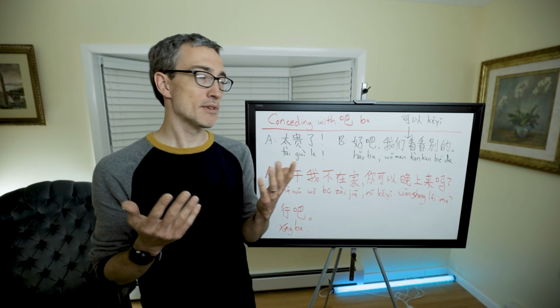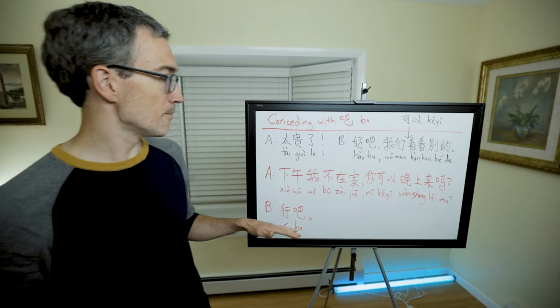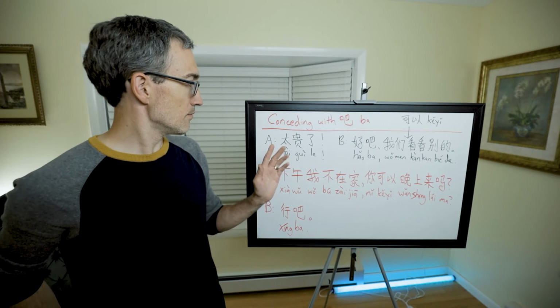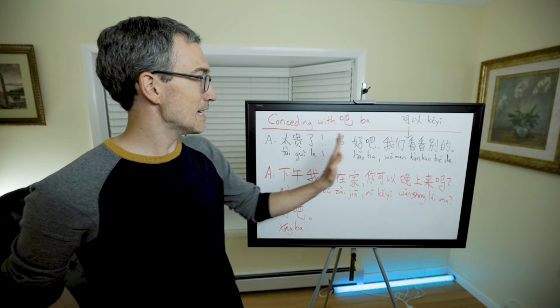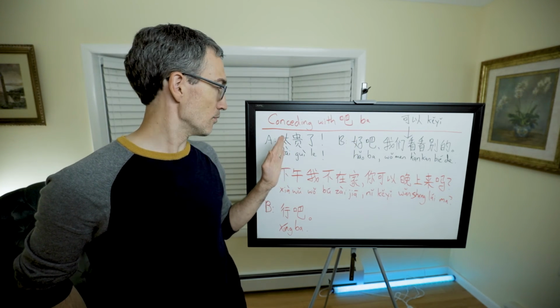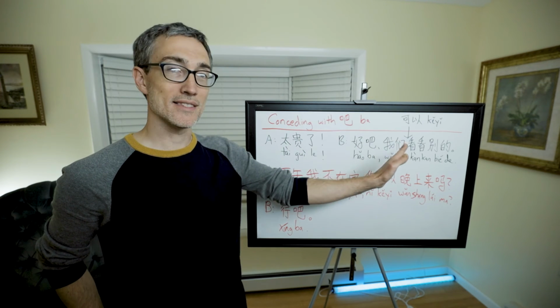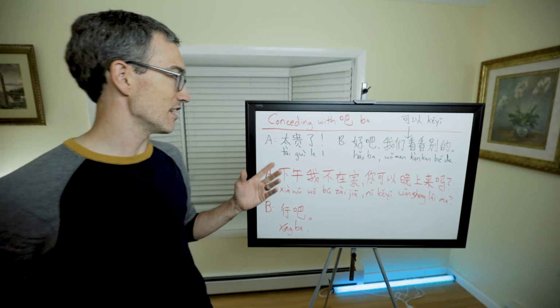So let me give you a couple of examples. These are both from All Set Learning. There's an A and B, so we can understand person A and then the response.